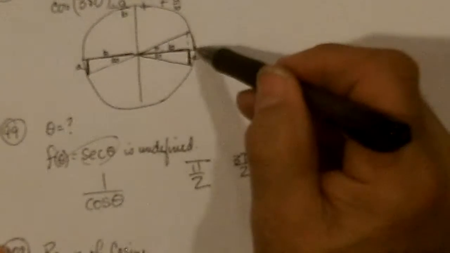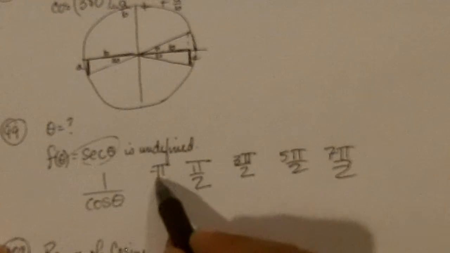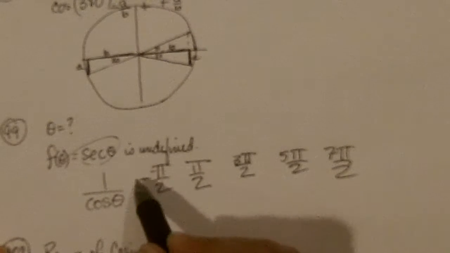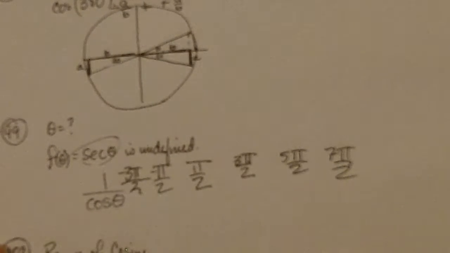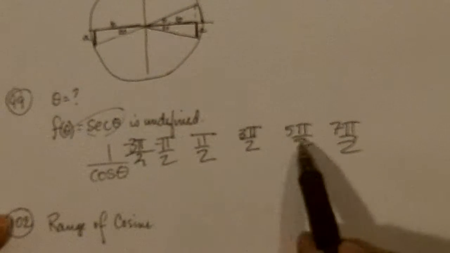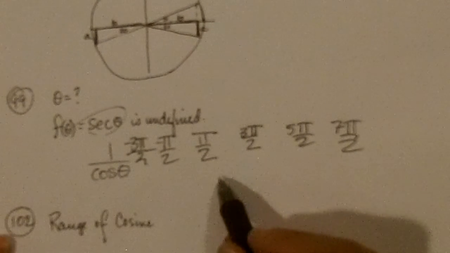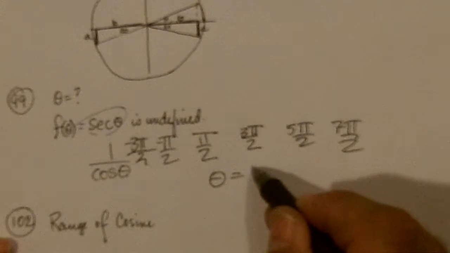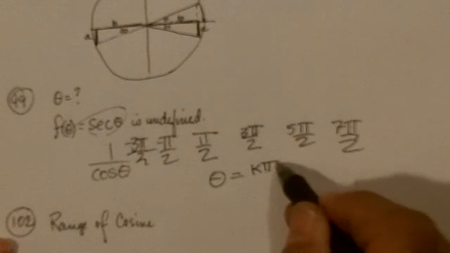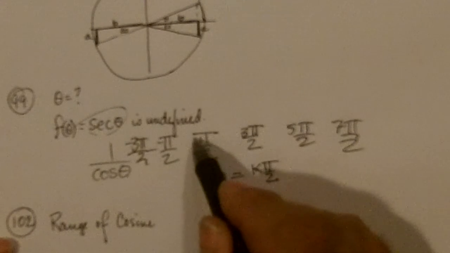And I could go the other way, not at 0, but negative pi over 2, negative 3 pi over 2. And so you can see that it would be undefined whenever the angle was k pi over 2, where k is an odd integer.